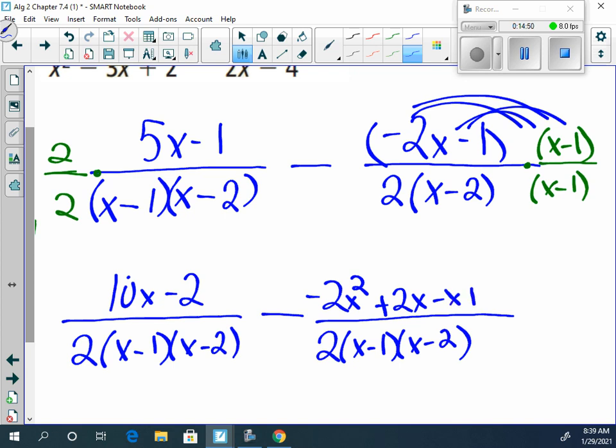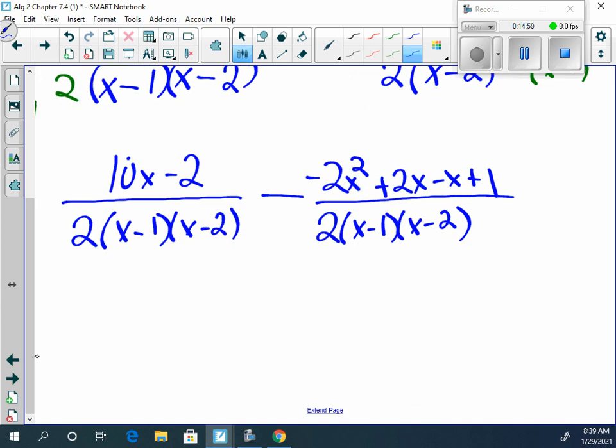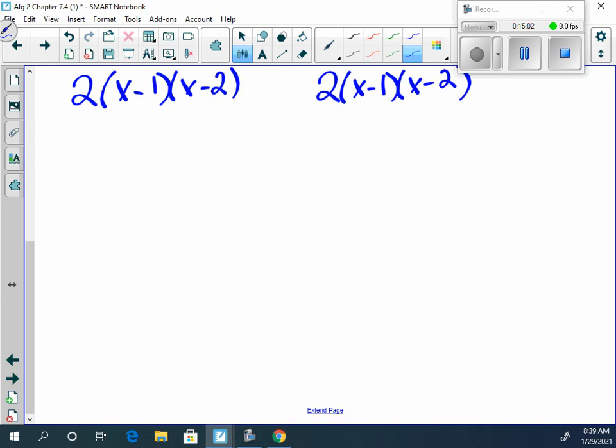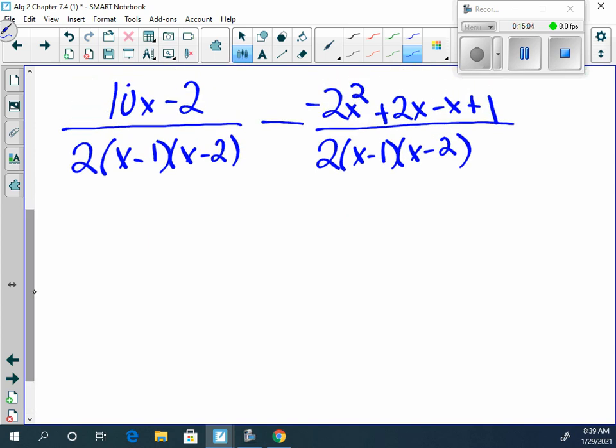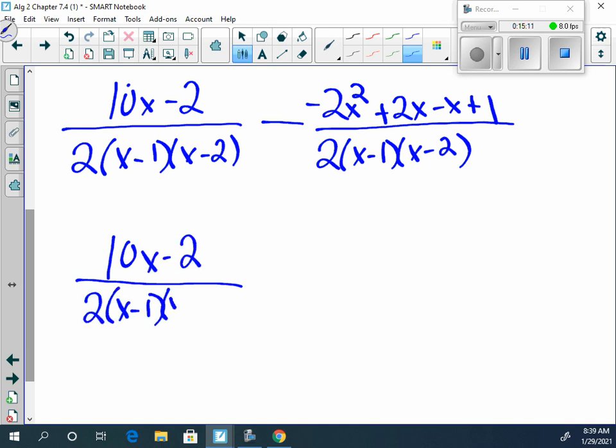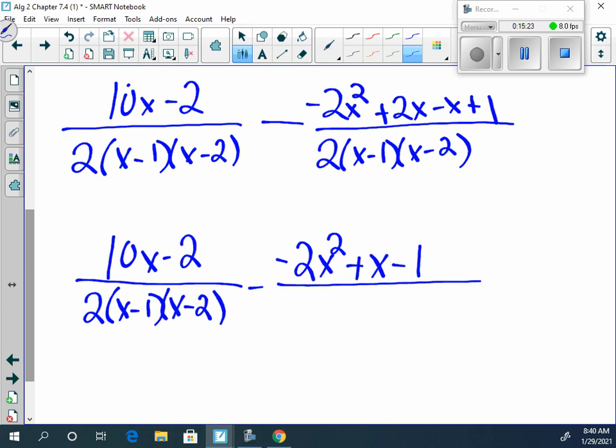It should give us negative x plus 1. Now we can combine our like terms. Well, we'd have negative 2x squared. Well, 2x minus x is going to be plus x, and minus 1.